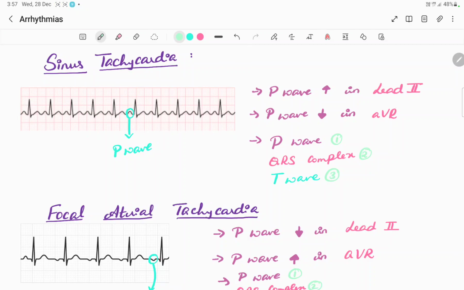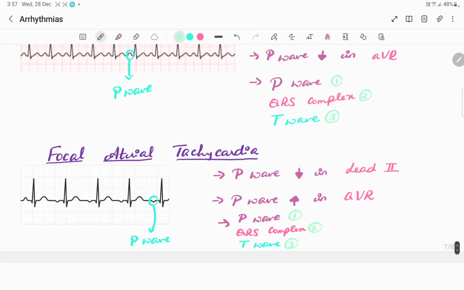Rest, everything is normal. There's a P wave and then it is followed by a QRS complex, post which there is a T wave. All of it is normal. There is tachycardia, and in lead 2 there is an upright P wave, and in AVR there is an inverted P wave. Then we call it sinus tachycardia.